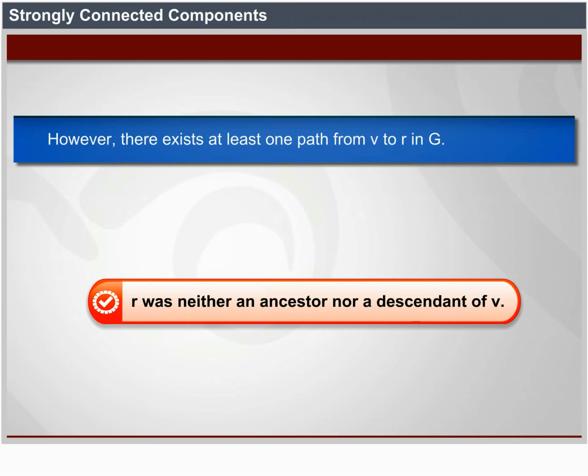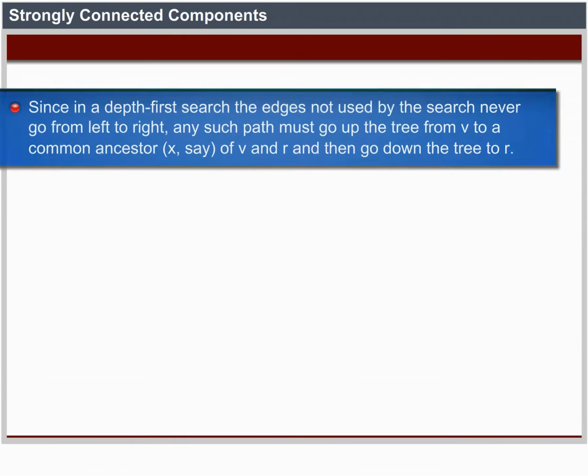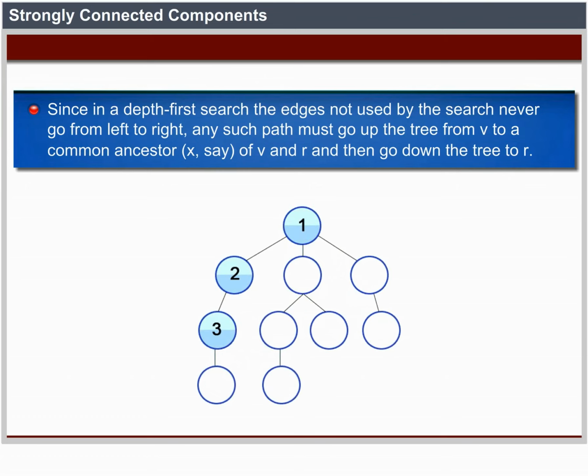Since in a depth-first search the edges not used by the search never go from left to right, any such path must go up the tree from V to a common ancestor, X say, of V and R, and then go down the tree to R. But this is quite impossible.